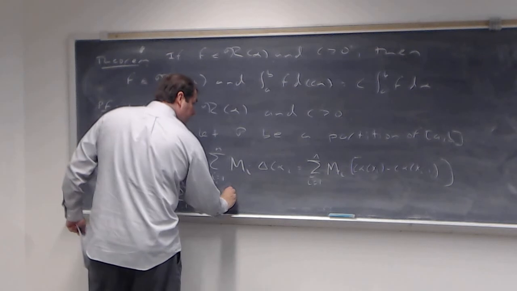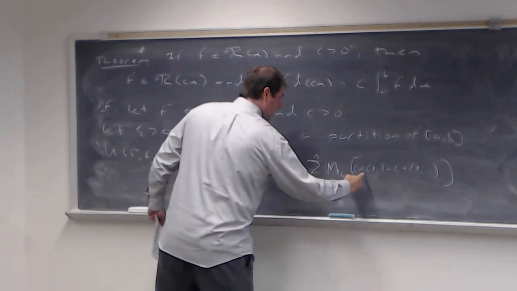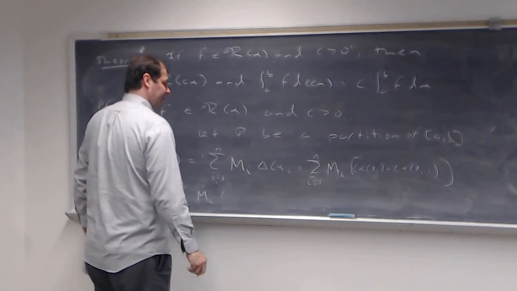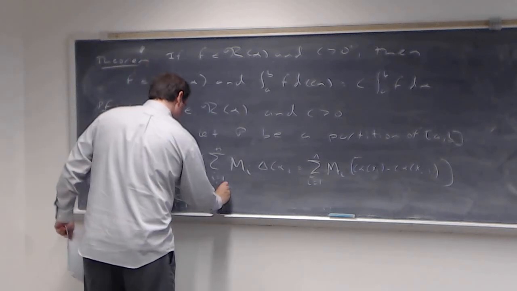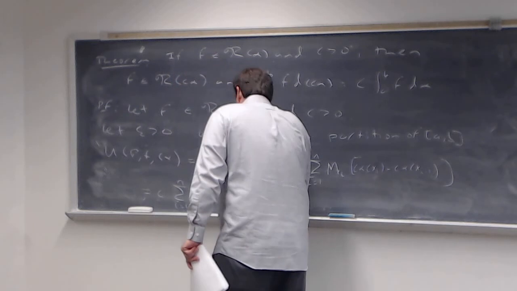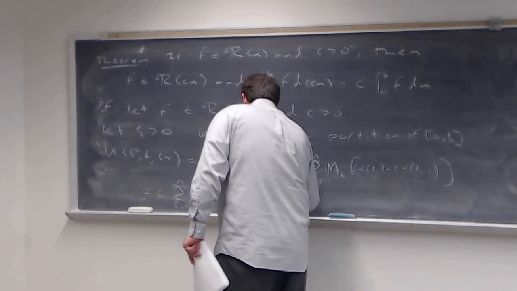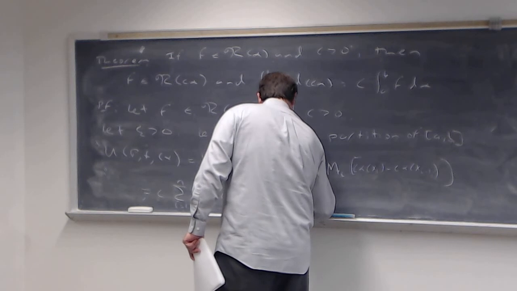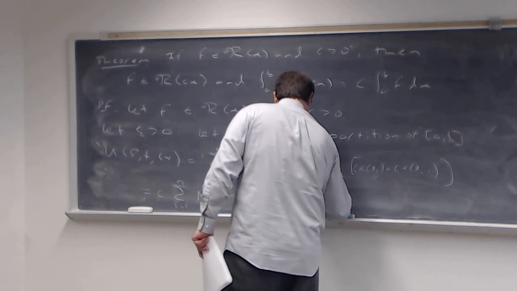And then the rest of it, with the C's taken out, we just have alpha x sub I minus alpha x sub I minus 1, and that's the delta alpha sub I's. And that's just equal to C times the upper sum of P, F, with alpha.